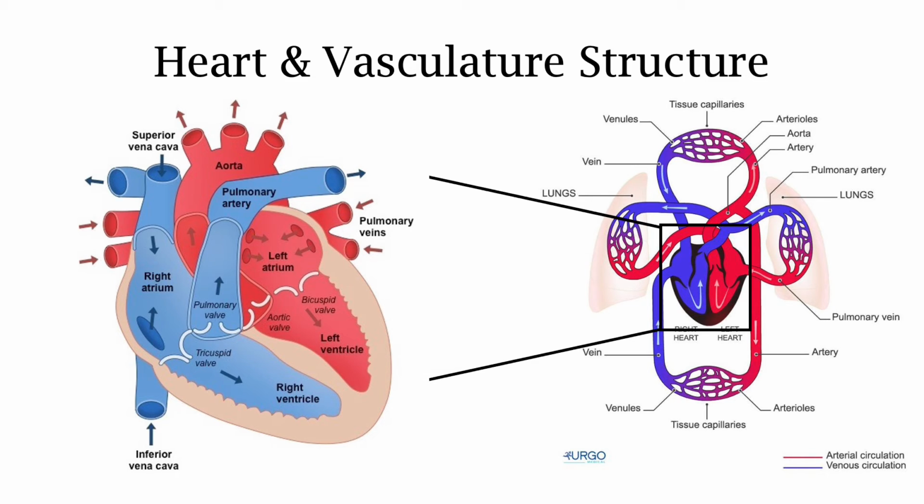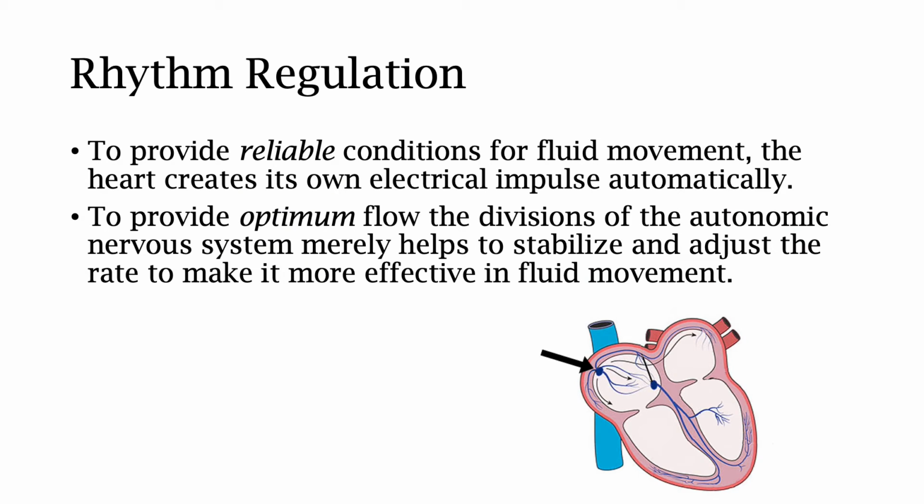And so the center of this flow is the pump that our heart is. So this heart pumps by electrical stimulation. And so it's very reliable because the heart creates its own electrical impulse. It doesn't have to rely on any outside impulse to create an electrical flow.